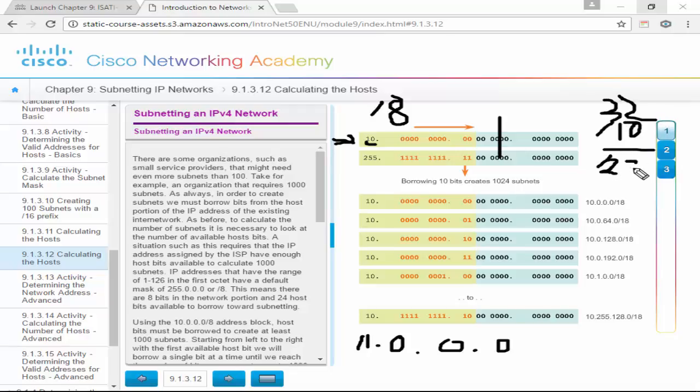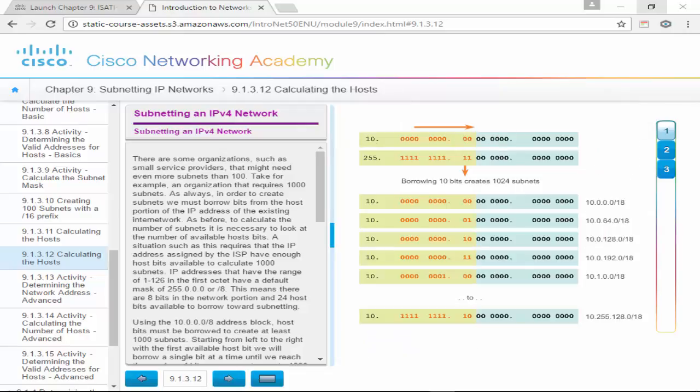How many networks with the /8? Would that be 14? So 2 to the power of 14 should give us a lot of networks. 2 to the power of 10 is 1024, so we'd be at 2048, 4,000, 8,000. It'd be over 8,000 networks is what we'd have with this. What are they actually doing?